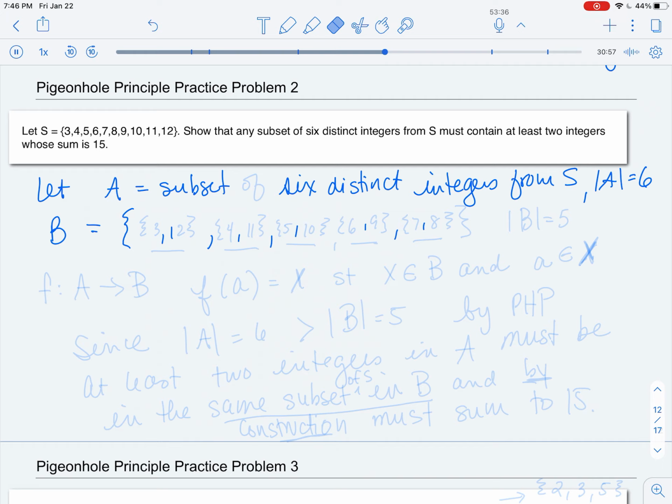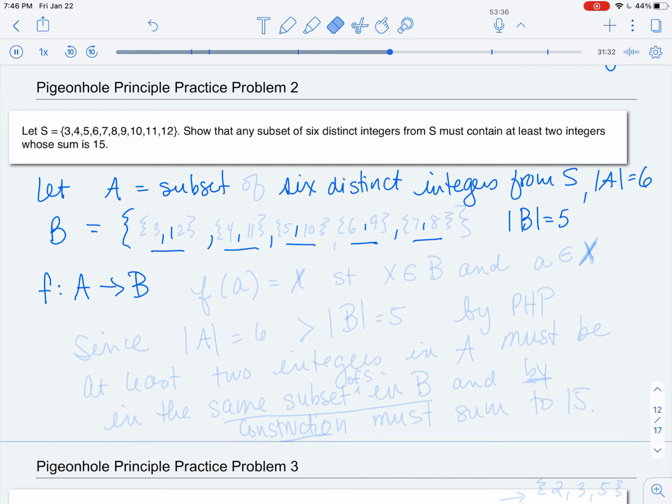And so I have 1, 2, 3, 4, 5 holes now. My holes are the pairs of numbers that sum up to 15, and I can see that the size of B is 5. So that's promising.